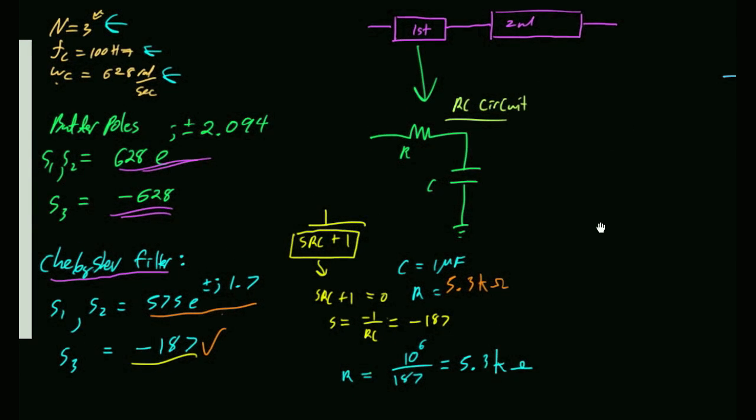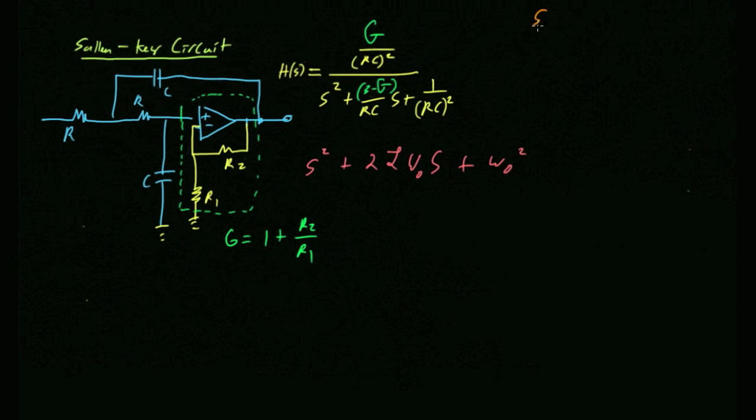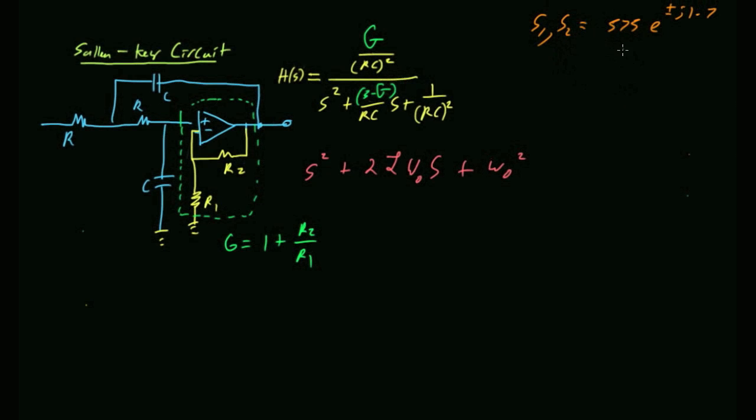It's definitely going to be complex. If I were to apply the quadratic equation to this, the solution would be those two poles. That is the ugliest way to do it, but it will work.